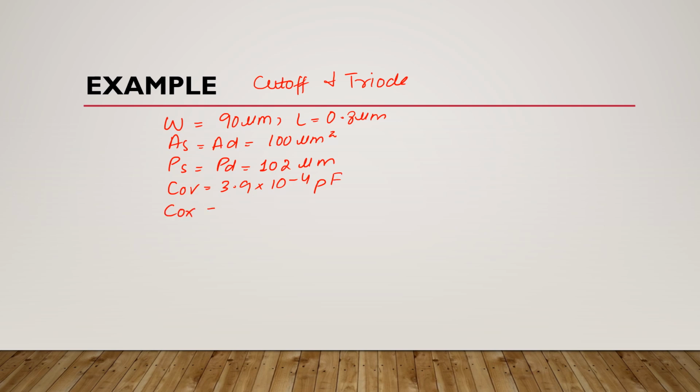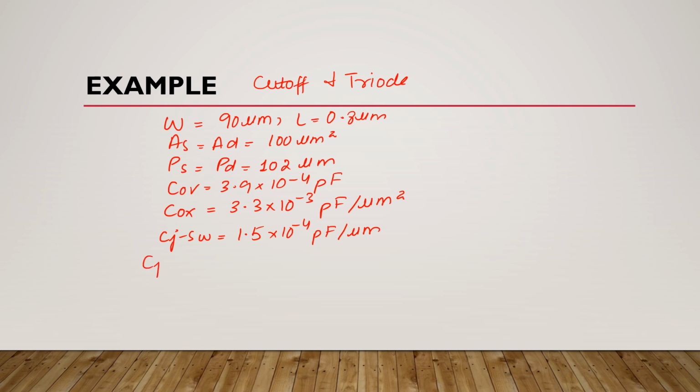Here capacitance of oxide layer is 3.3 into 10 raised to the power minus 3 picofarad per micrometer square. Here junction sidewall capacitance is 1.5 into 10 raised to the power minus 4 picofarad per micrometer.